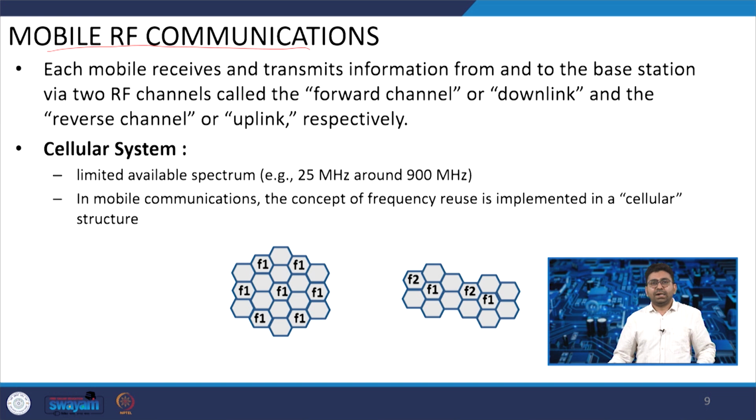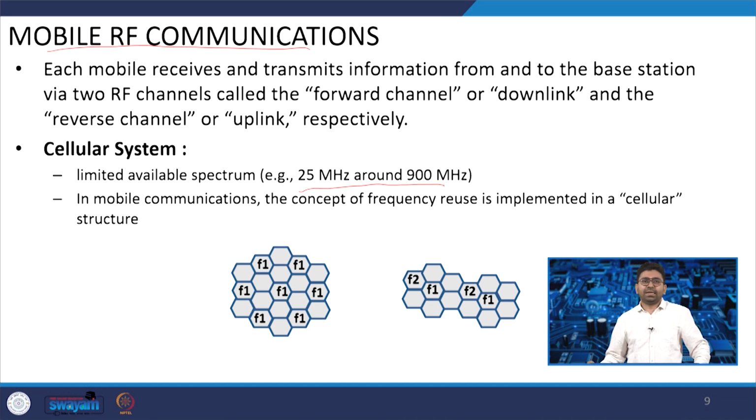In a cellular system, we all know that the spectrum is too crowded and costly, so we need to reuse the spectrum. For example, here there is 900 megahertz, a cellular mobile standard frequency, and it has a bandwidth of 25 megahertz.